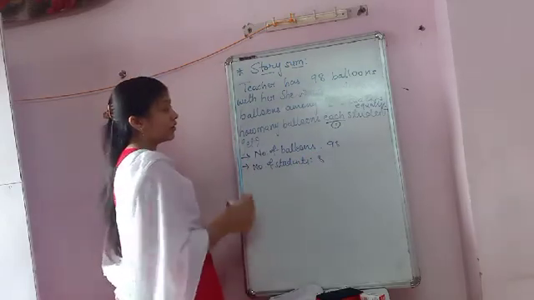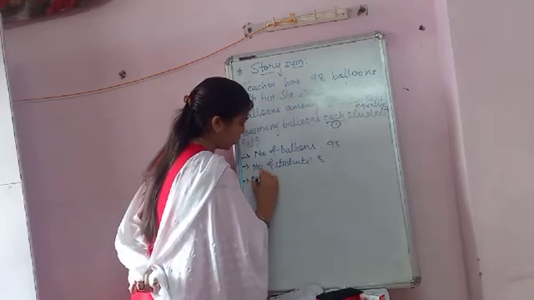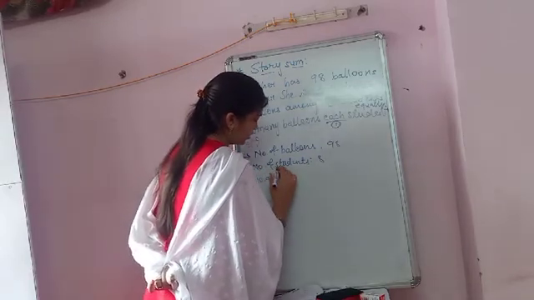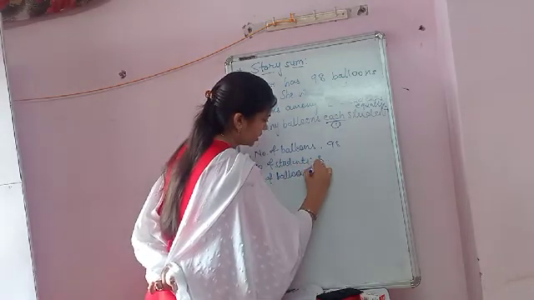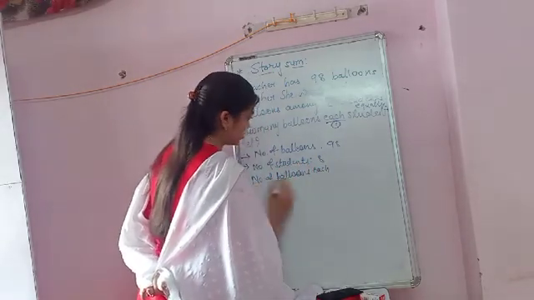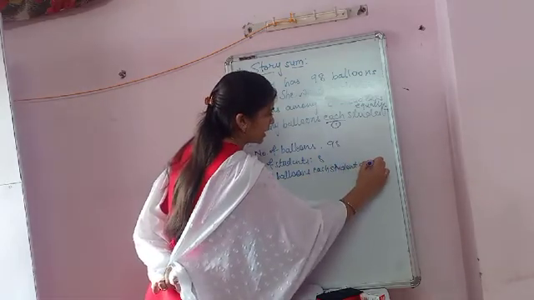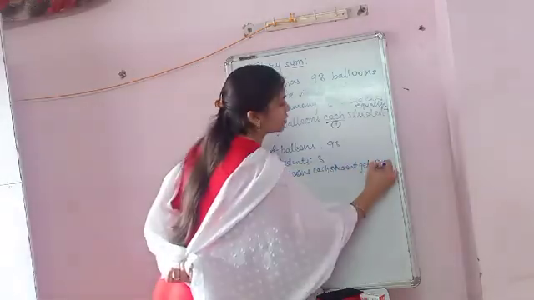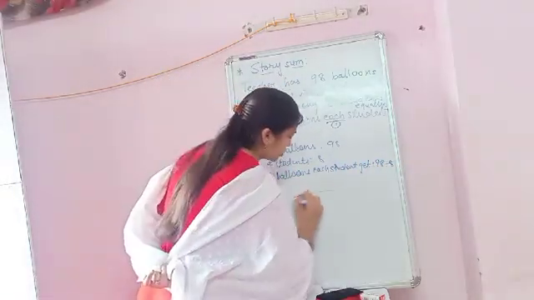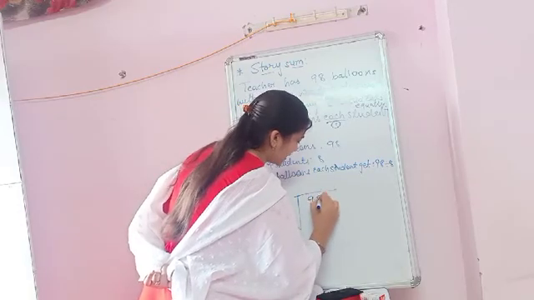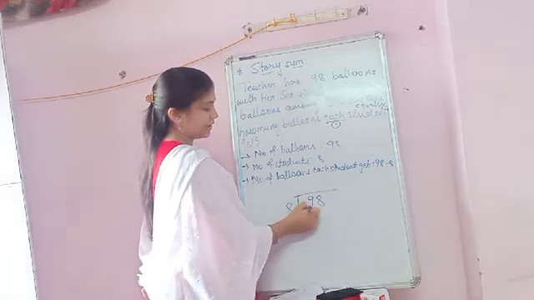Now we have to find out the number of balloons each student gets. How many will one student have? For that we have to divide 98 by 8. So, 98 divided by 8.